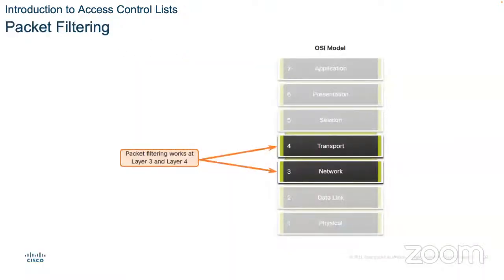This packet filtering occurs at layer 3 and 4. You can do it at both, at one or the other, but the router will either continue the packet or discard it based on any given criteria.